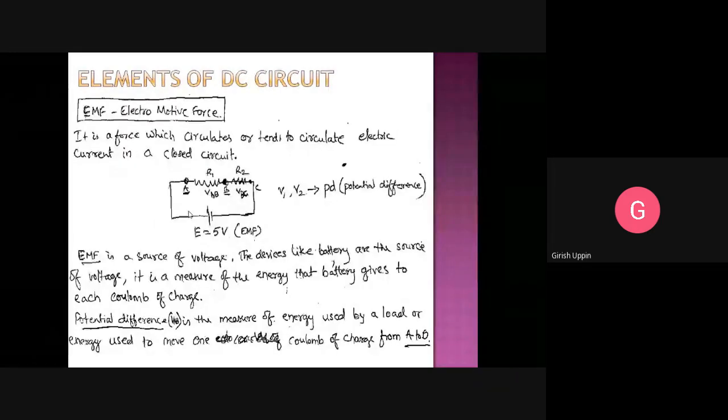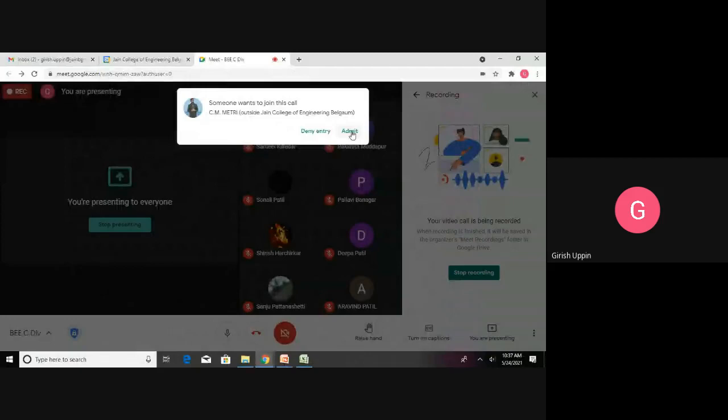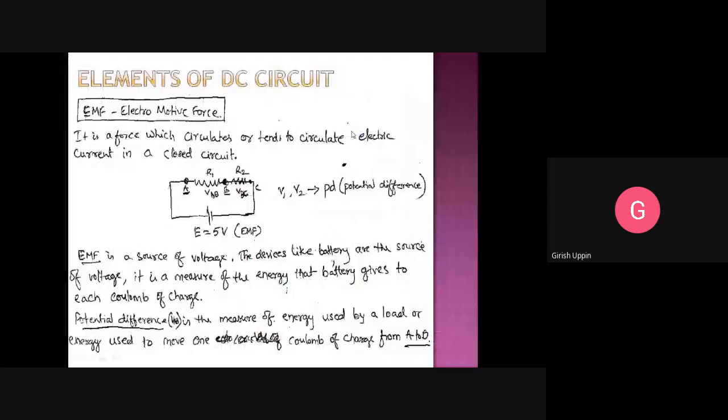Then we looked into electromotive force. What is the electromotive force? It is the force which makes the current flow in a circuit, which tends to circulate the current in an electrical circuit. Any battery sources, for example dry batteries or alkaline batteries, any kind of batteries, can be examples of an electromotive force.